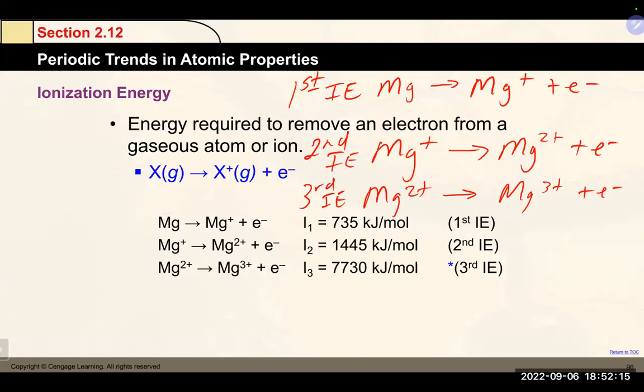What happens to the overall size of magnesium when it loses an electron? Does it get larger or smaller? It's a 50-50 shot there. So if I lose electrons, am I going to be larger or smaller? I'm going to be smaller. Yes. So like I have 12 electrons, I'm happy.